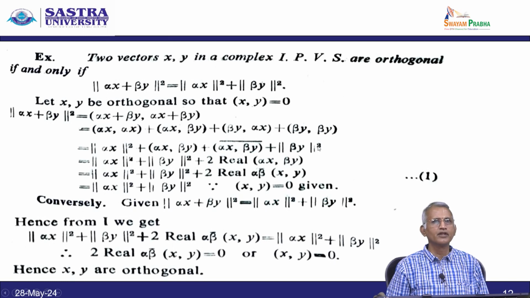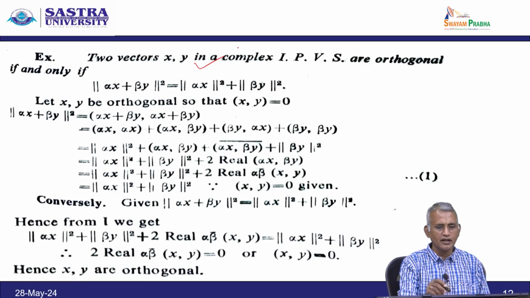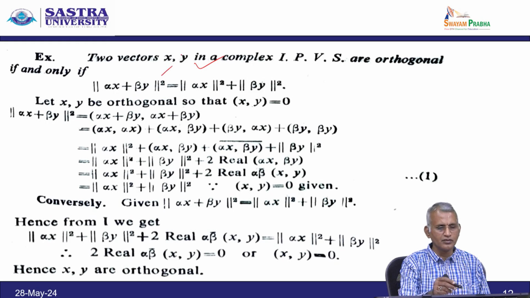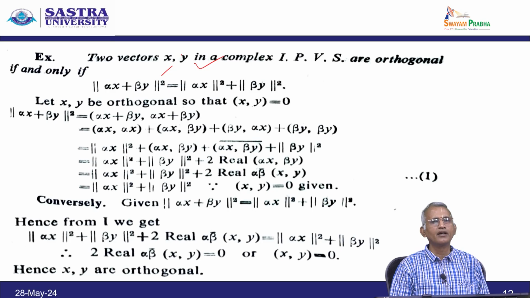Now, let us go with one basic idea. Two vectors x and y in a complex inner product vector space are orthogonal if and only if norm of alpha x plus beta y square is equal to norm of alpha x square plus norm of beta y square. So, let x and y be orthogonal, it means the inner product of x comma y equal to 0.